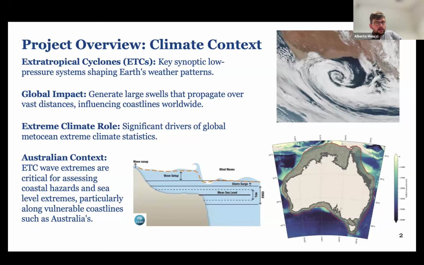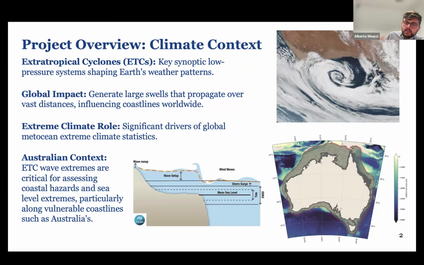Extratropical cyclones play a key role as they are synoptic low pressure systems, which are very frequent, and they shape the Earth's weather patterns and have a global impact on the coastlines, generating large swells that propagate over vast distances. Ultimately, extratropical cyclones are also significant drivers of global metocean extreme climate statistics.